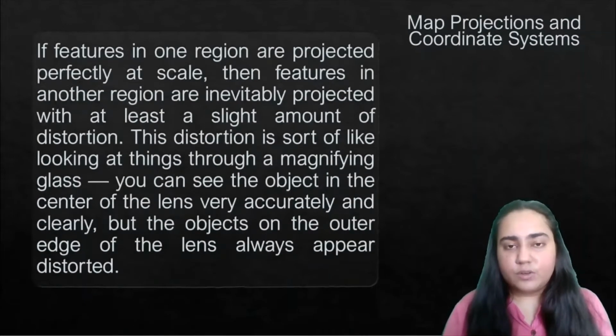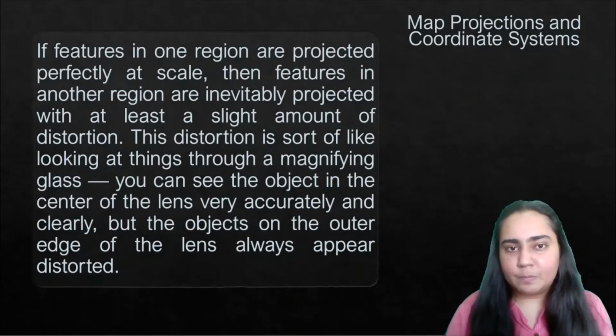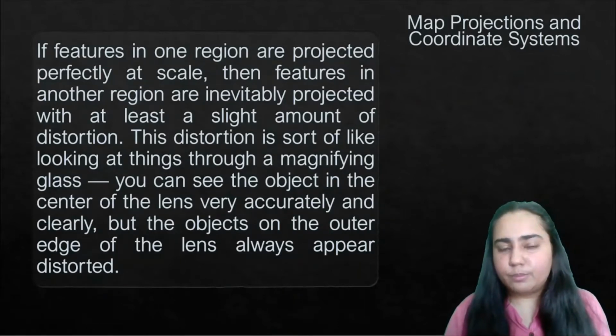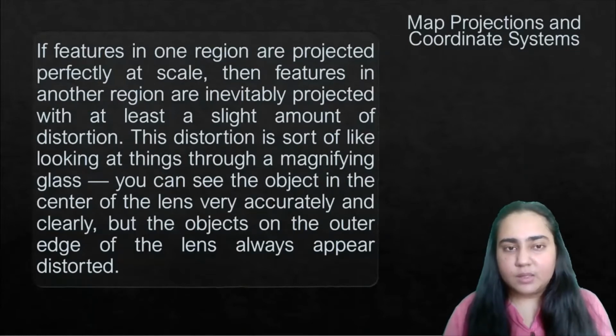If features in one region are projected perfectly at scale, then features in another region are inevitably projected with at least a slight amount of distortion. So if you manage to project features in one region perfectly at scale, you will most likely have some distortion in projecting features of another region.